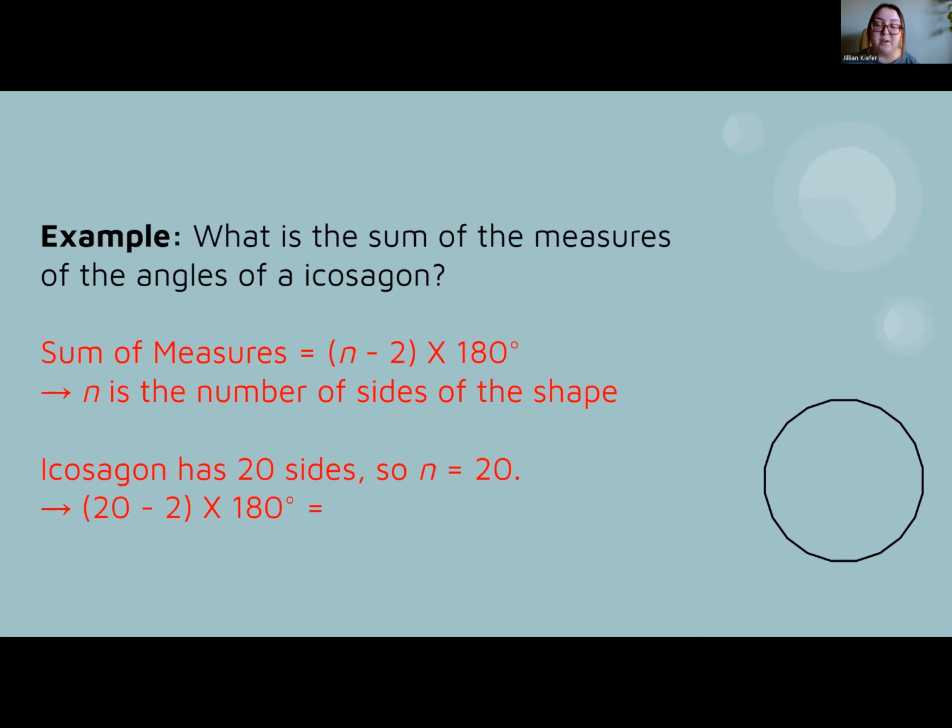Plugging in 20 for n into our formula, we have 20 minus 2 times 180 degrees, which would be 18 times 180 degrees, giving us 3,240 degrees. So the sum of the measures of the angles in an icosagon would be 3,240 degrees. Quite a bit, a lot of angle measurement there. All right, so that's how you find the sum of the interior angle measurements for really any type of polygon.